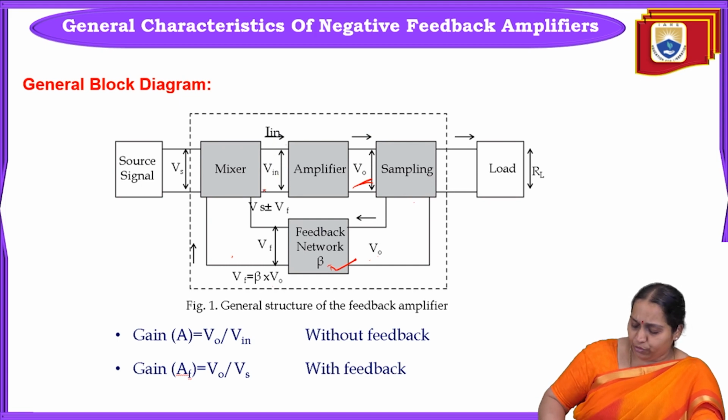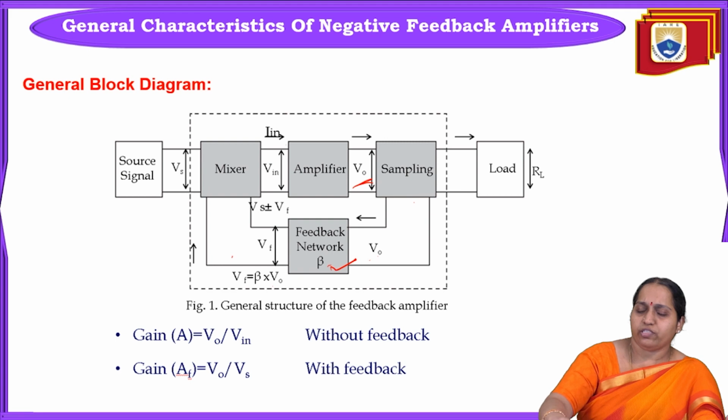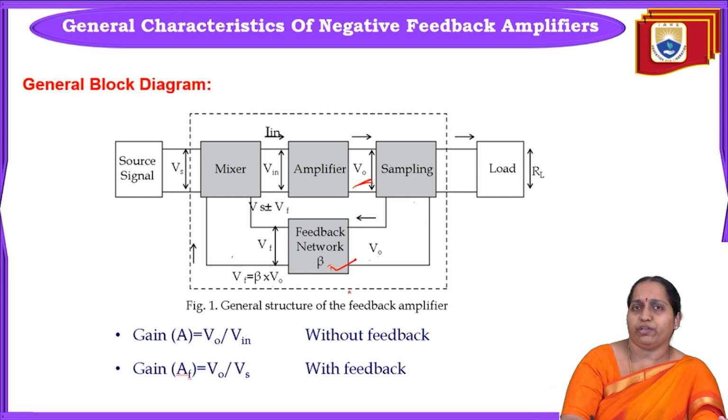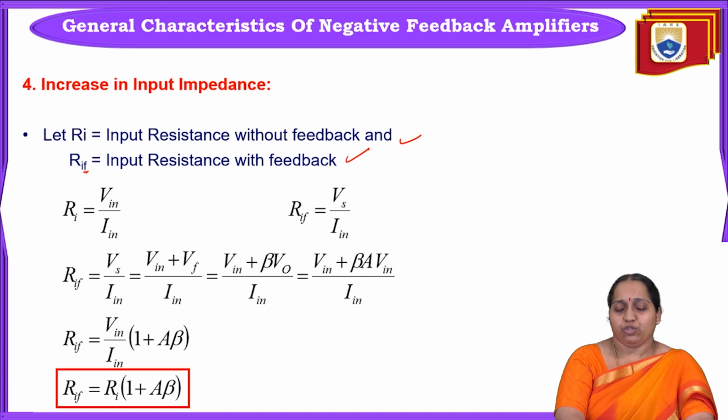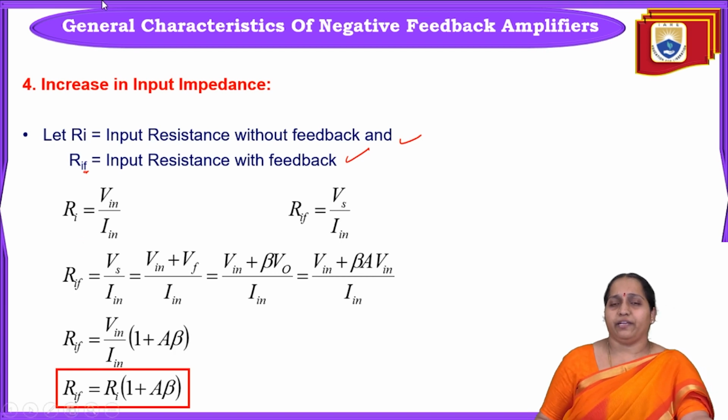If you take the feedback connection into consideration, the overall circuit is considered. So without feedback it is Vin by IN, and with feedback it is Vs by IN.